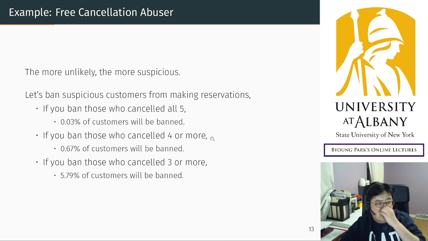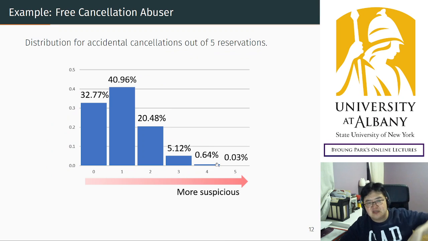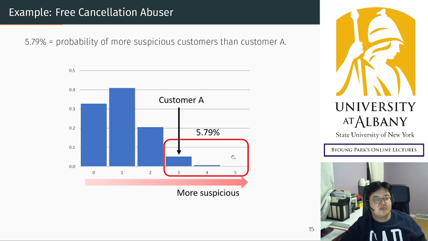In that way, you can rank the customers using these probability distributions, and you can calculate how much probability is in each rank, in each suspicious tier. Customer A is here, and this much is 5.79%. If you put the standard here, then this many customers will be banned.